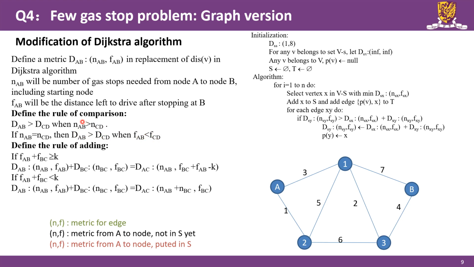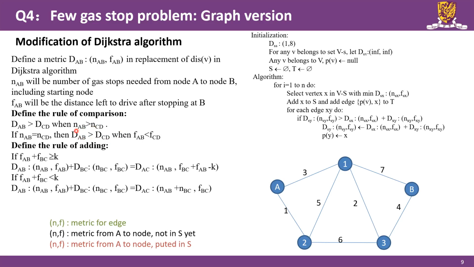So this is rather intuitive. The metric for AB is bigger than CD only when the number of stops that AB will need is more than CD will need. And if the gas that we have left after we stop at B is lower than the gas we have left from stopping at D, then we would say that we need to travel further by taking the path AB.